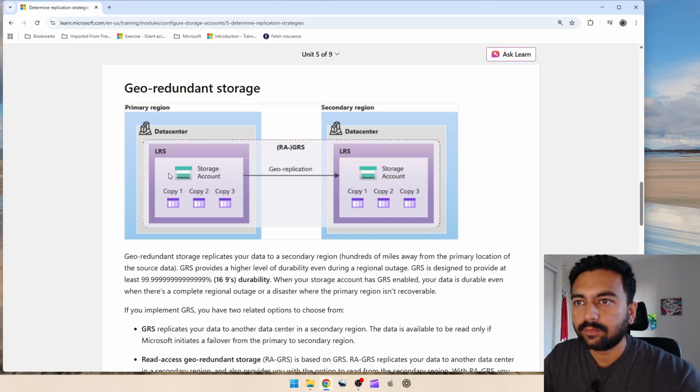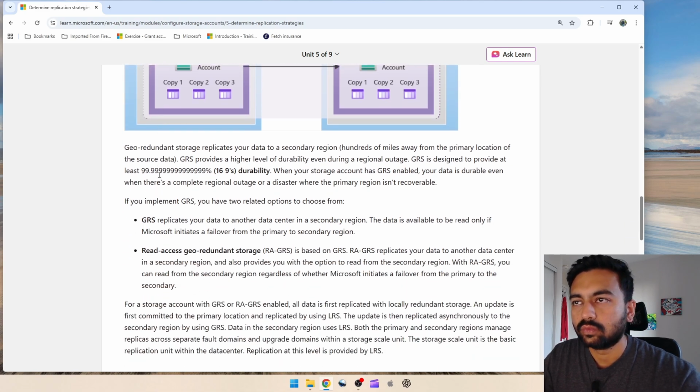So you give your data, the data gets copied over as in locally redundant storage, and then an update copies it over to the primary location.